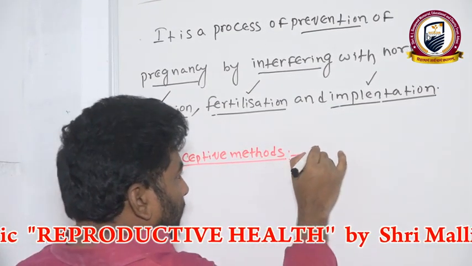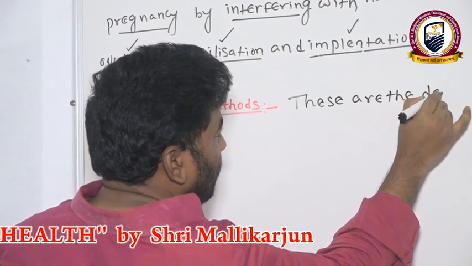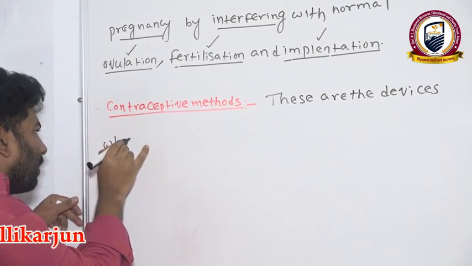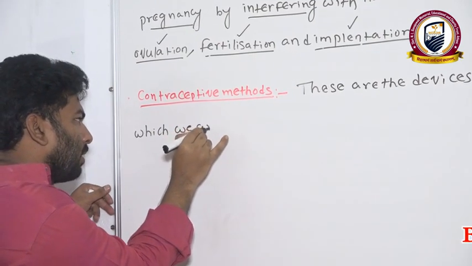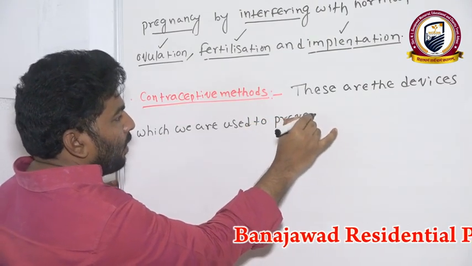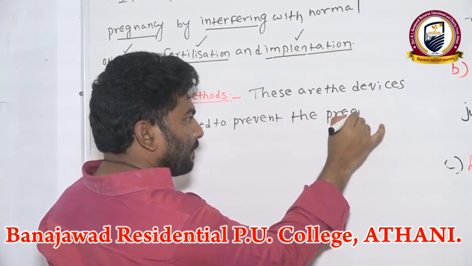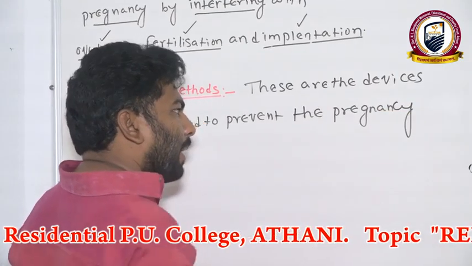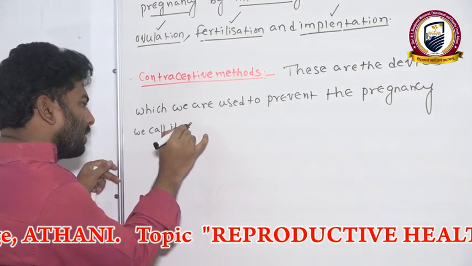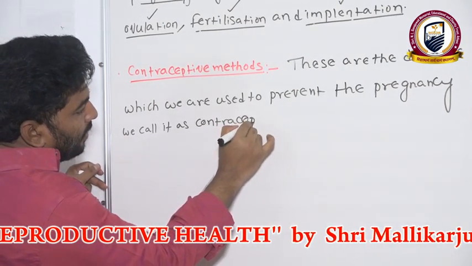Contraceptive methods mean these are the devices which are used to prevent the pregnancy. We can call them contraceptive methods.